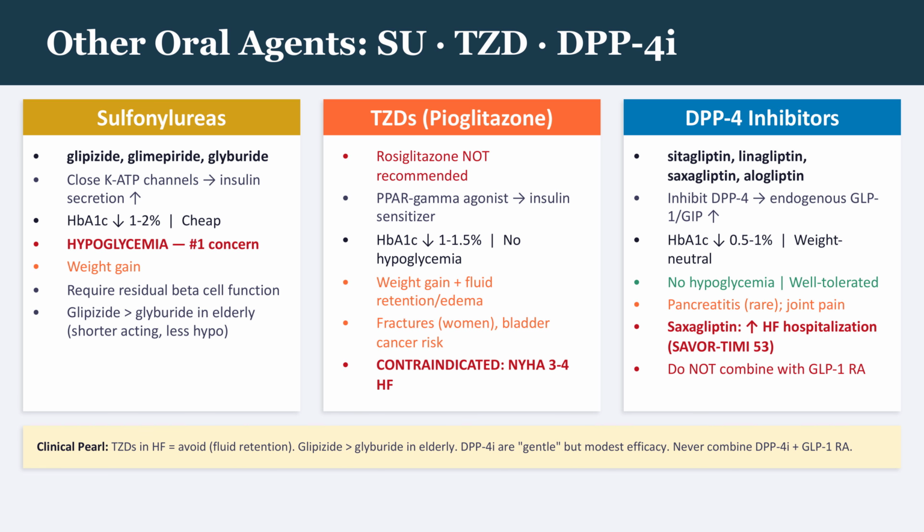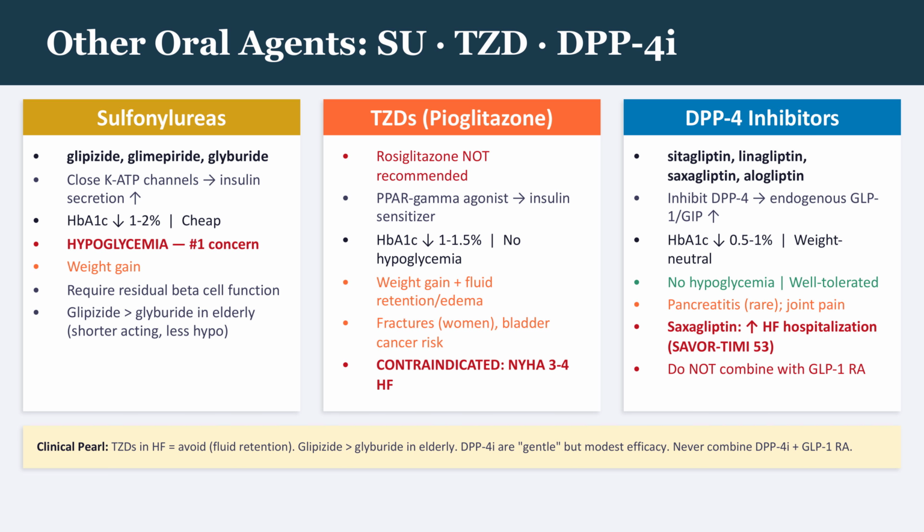TZDs, or thiazolidinediones, and the one we use is pioglitazone, because rosiglitazone has cardiovascular signal concerns, are PPAR gamma agonists. They're insulin sensitizers. They work in adipose, muscle, and liver to improve insulin action and increase adiponectin. They don't cause hypoglycemia, and they lower HbA1c by 1 to 1.5%.